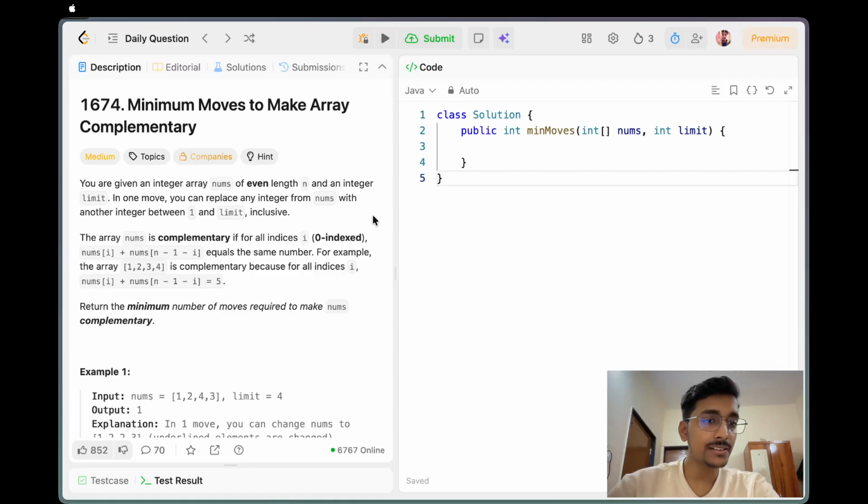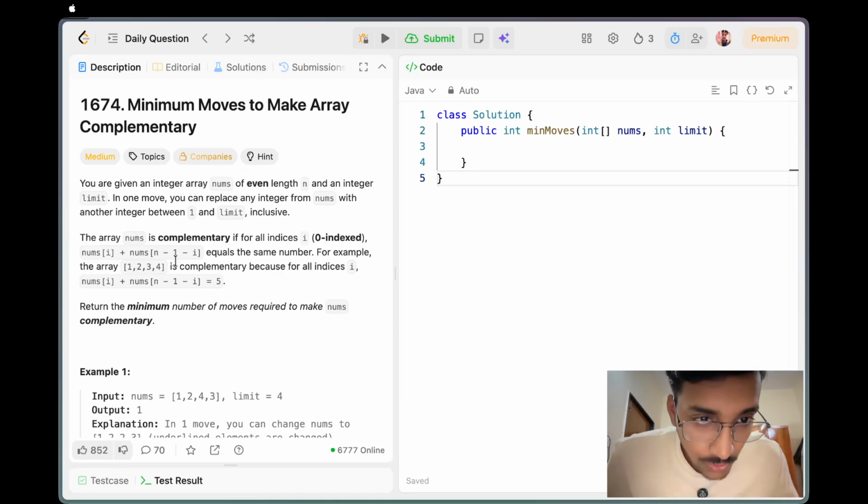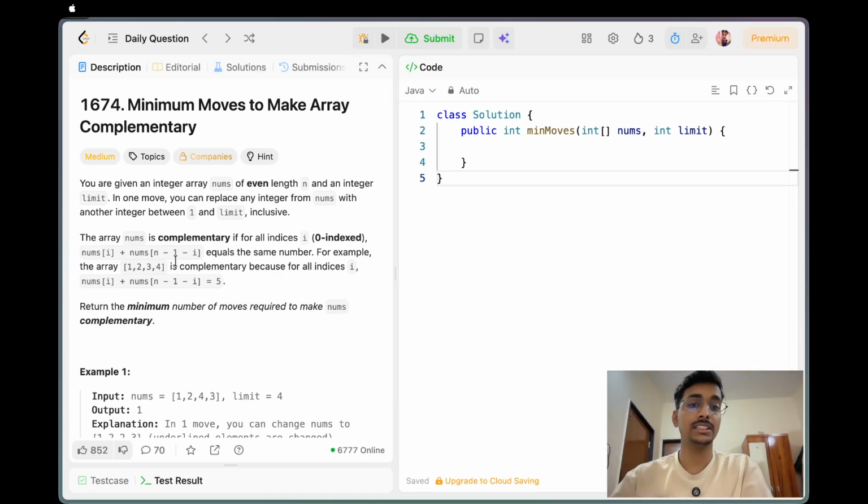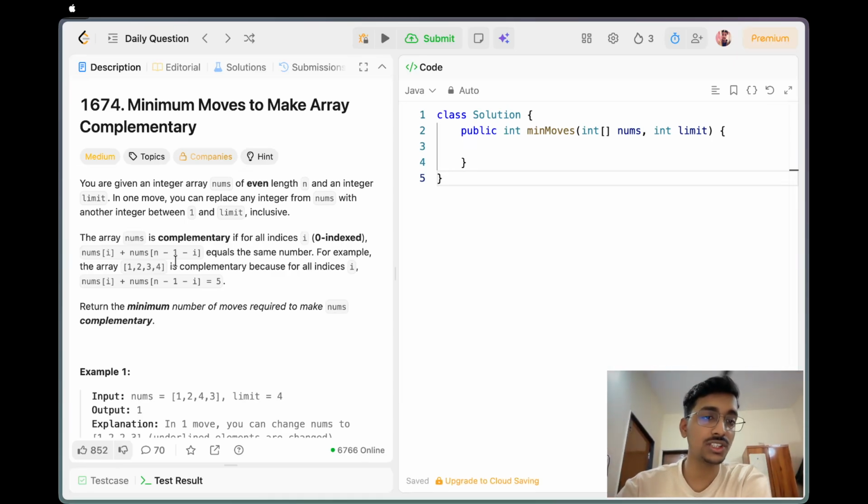The array nums is complementary if for all indices i, which is a 0-based index, nums[i] plus nums[n minus 1 minus i] equals the same number. Okay, makes sense. For example, the array 1, 2, 3, 4.